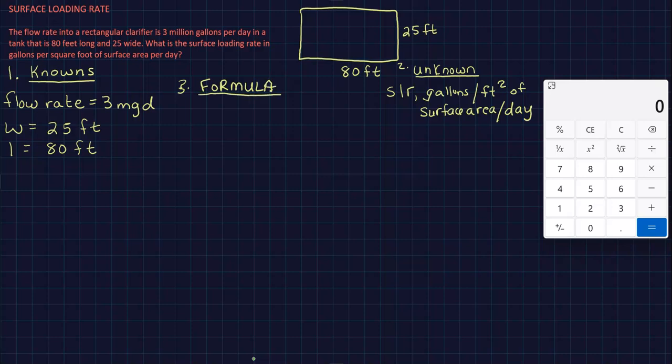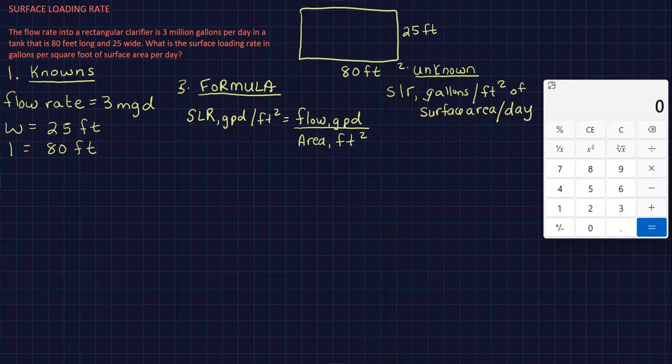The formula right from the ABC formula sheet is surface loading rate in GPD per square foot equals flow in gallons per day divided by area in square feet.